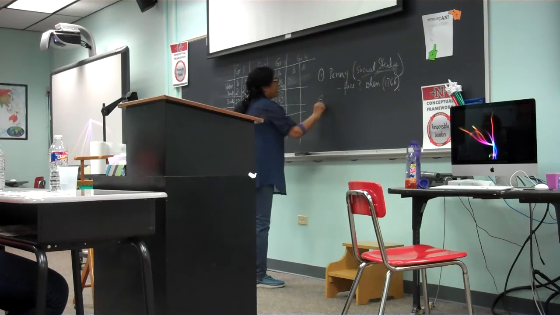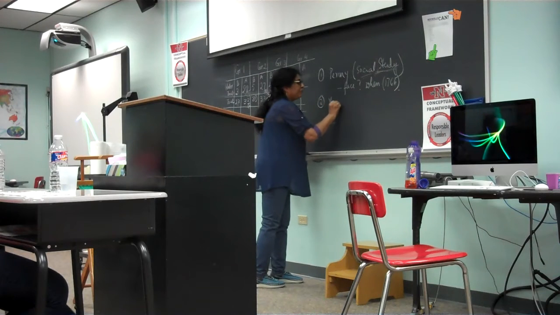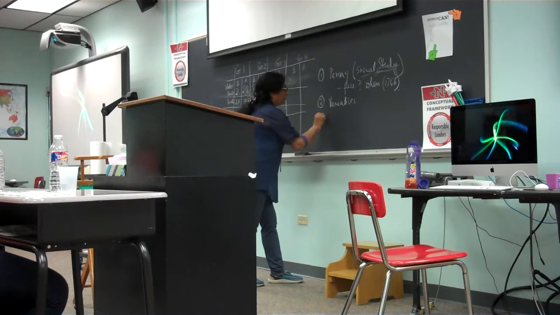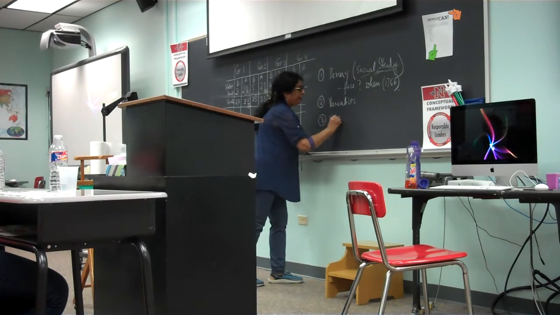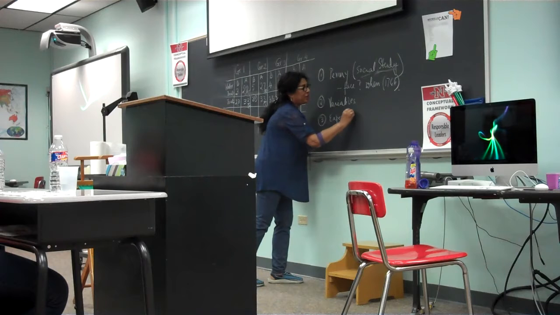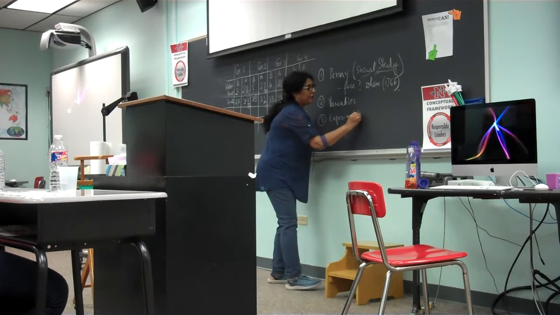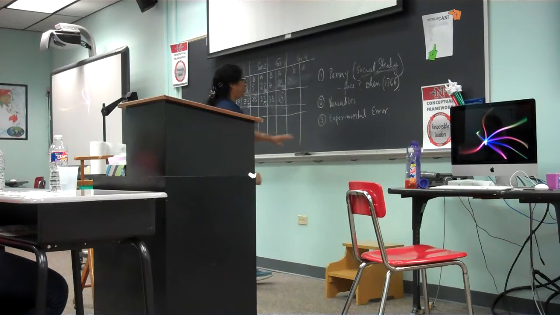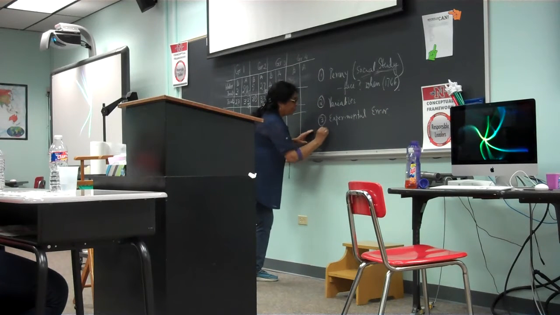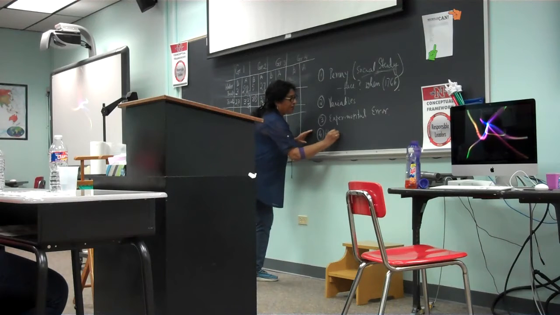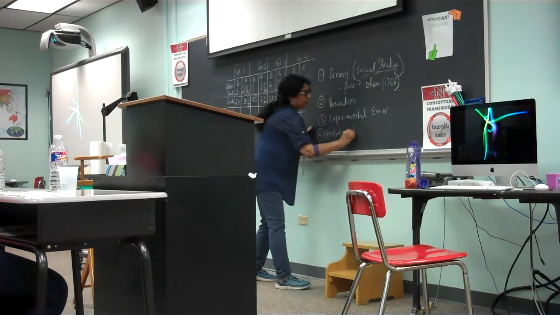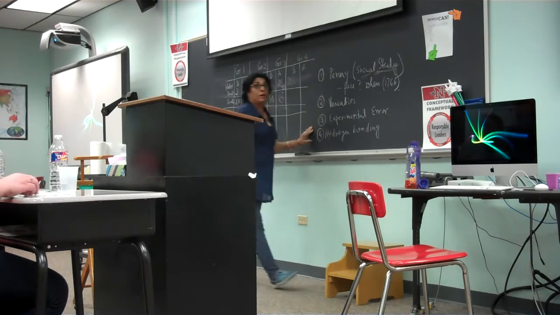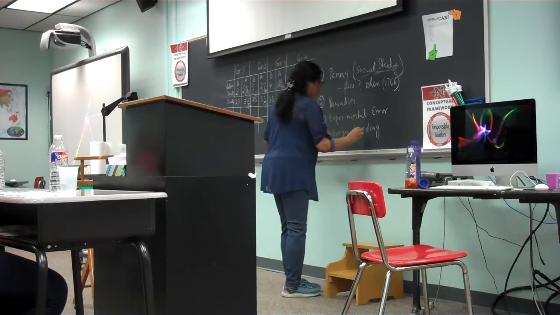Then you are talking about variables. You have talked about experimental error. Then we switch totally to hydrogen bonding. Then we talked about cohesion.